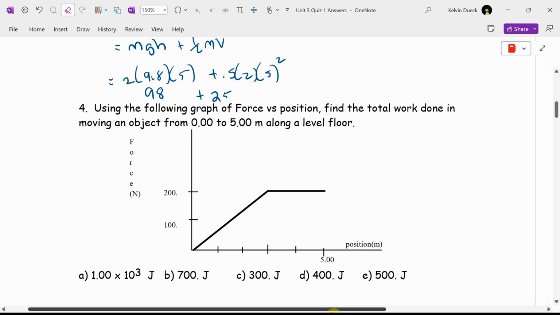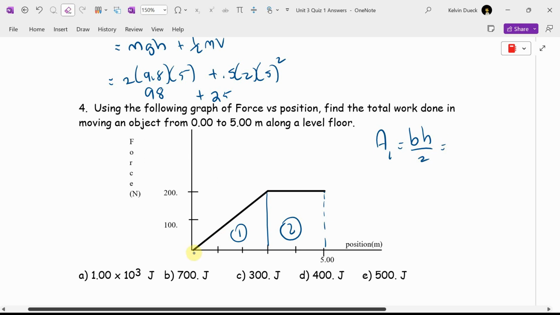So, using the following graph of force versus position, this is a force versus displacement graph. That means the area is going to be the work. It says find the total work done in moving from 0 to 5. That's going to be the area of this triangle plus the area of this rectangle. The area of the triangle is going to be base times height divided by 2.